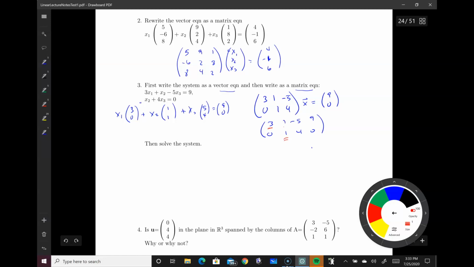So I'm going to work on getting a 0 here first before I make fractions. So I'm going to take negative 1 times row 2 and add it to row 1. So this row will stay the same, and then I'll get negative 9, 9. Okay. So now I'm going to multiply 1/3 times row 1.